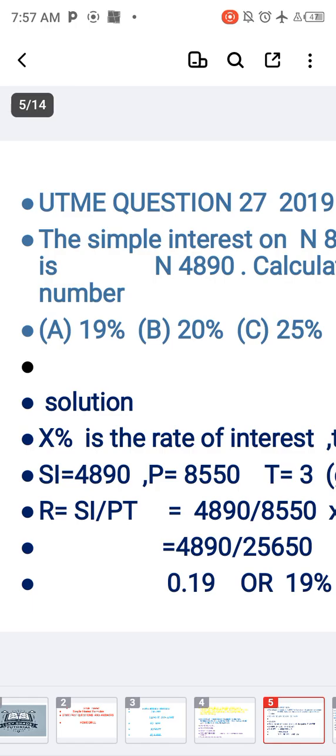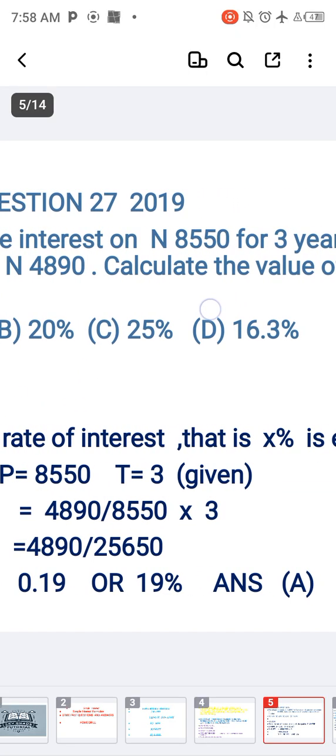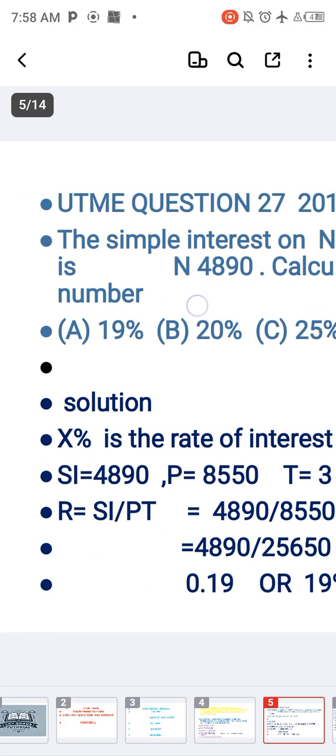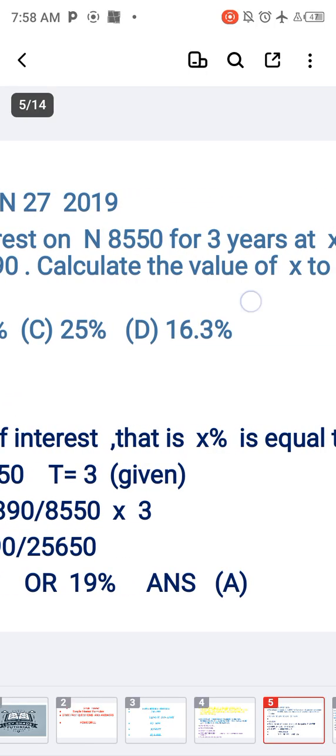This question is asking us, what is the rate? The rate is given by the formula R is equal to simple interest over principal times what? Time. Yes. Now, the principal is given to be 8,550 and the interest is given to be 4,890 and the time is given.